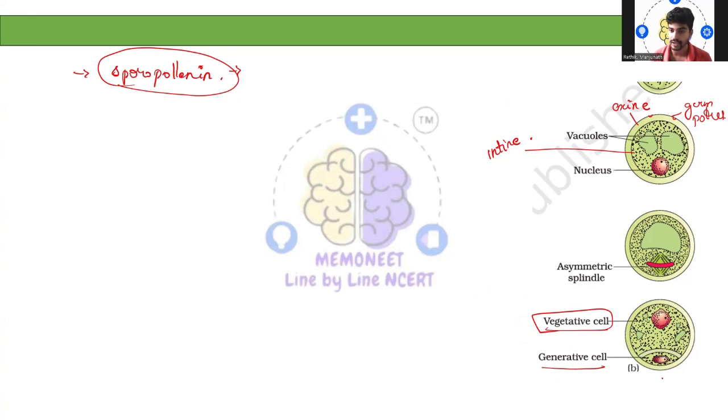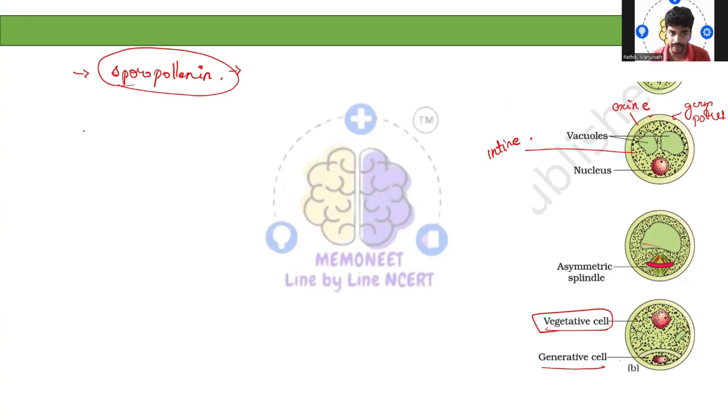The generative cell is small and normally floats in the vegetative cell. You can see the spindle fibers with the dense cytoplasm in the nucleus also. So you will see a two-cell stage here: this is the vegetative cell and this is the generative cell.